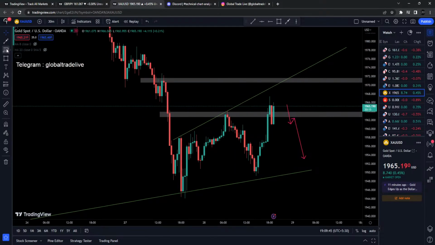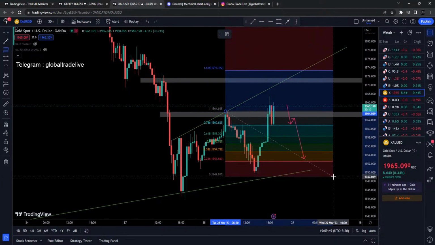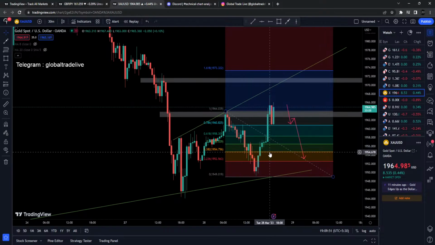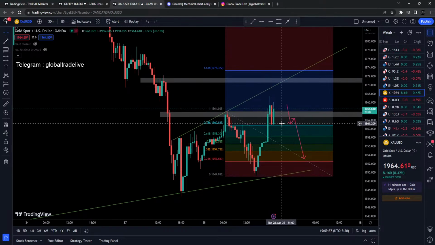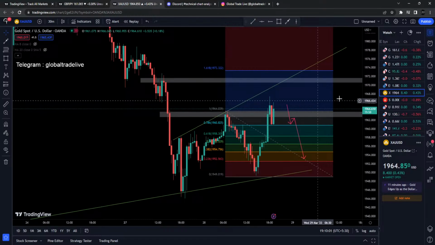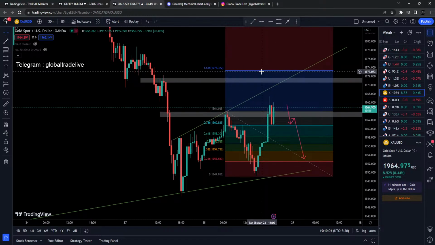So let's have a look at some Fibonacci levels, what the market is actually doing. So Fibonacci level says it has to go to this level over here, 1.6, if you talk about gold.